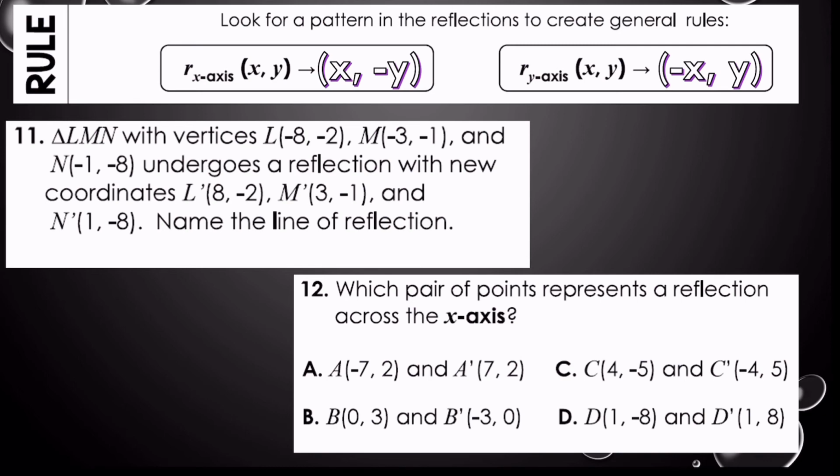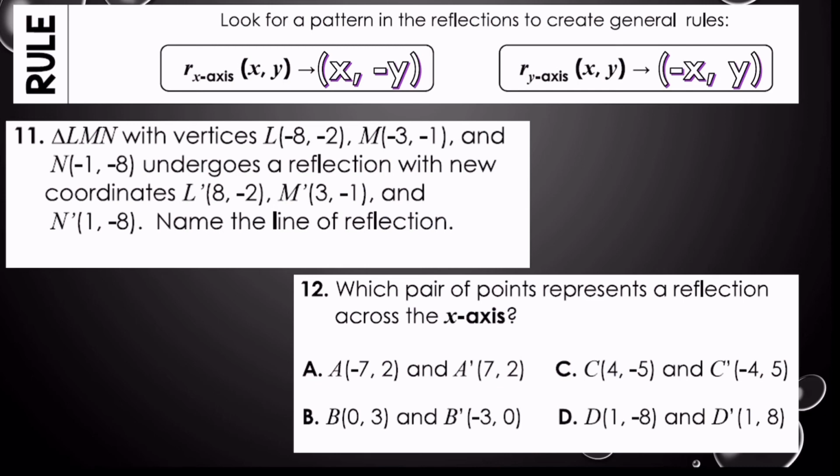This is applying it without a graph. It says triangle LMN, given these points. Vertices are your points. They're the corners where your angles are formed. It undergoes a reflection and has these new coordinates of L prime, M prime, N prime. What would its line of reflection be?